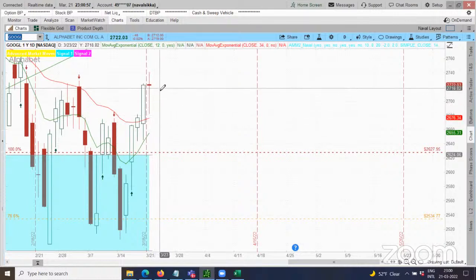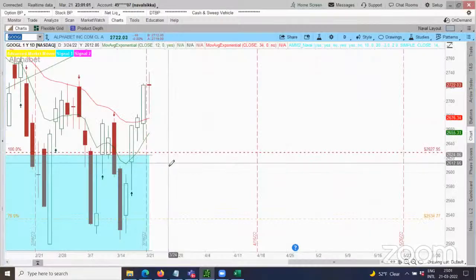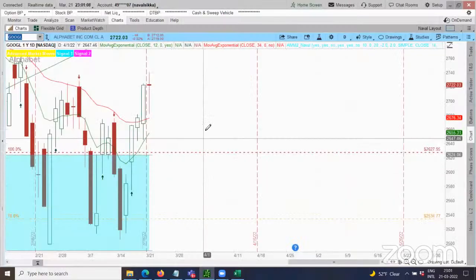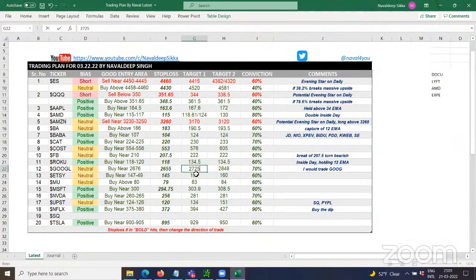Or you can short it at the open for a target 26.76. I will mention that. And stop loss is 26.55. Target is 27.25, 27.75. Short, it's an evening star.